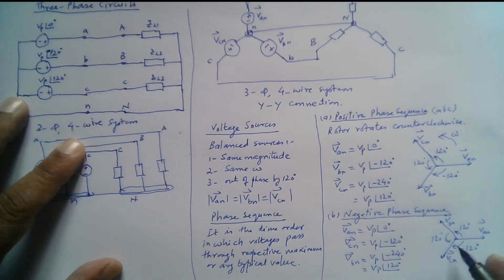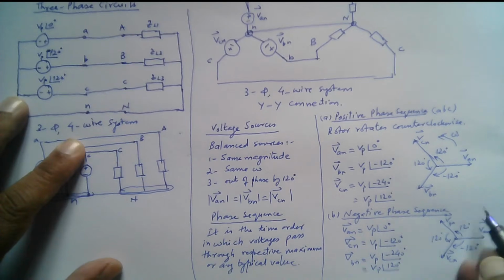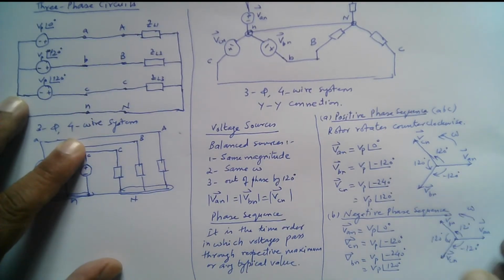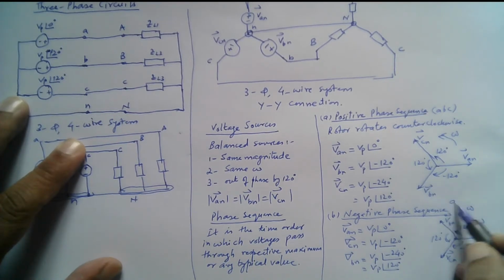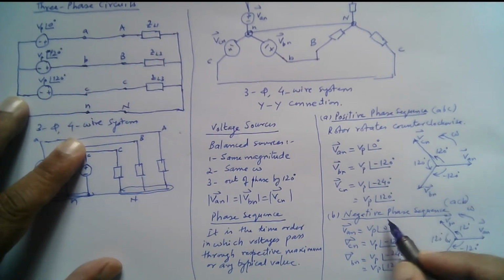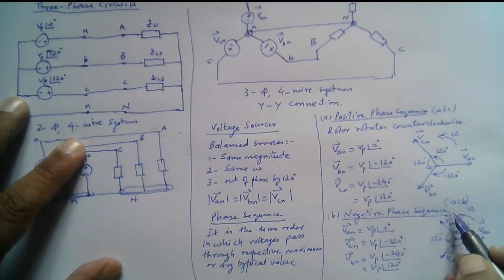So these are the three phases now, and if I rotate them counterclockwise, omega is in this direction, for example, angular frequency. If I rotate these three phases in the counterclockwise direction, then first at this point I have VAN, then I have VCN, and then comes VBN. So this is also called the ACB sequence, right? Negative phase sequence or ACB sequence.